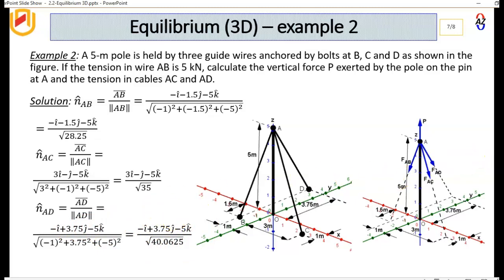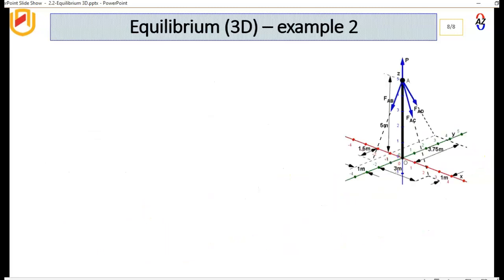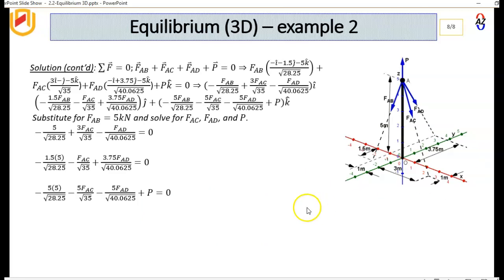Now let's see how to solve the problem. Okay, so now we know that the summation of forces will be 0 at any point in time in this case. Then we have FAB plus FAC plus FAD plus P. So these four forces added should be equal to 0. So FAB is the unit vector that we saw before, plus FAC plus FAD plus Pk.